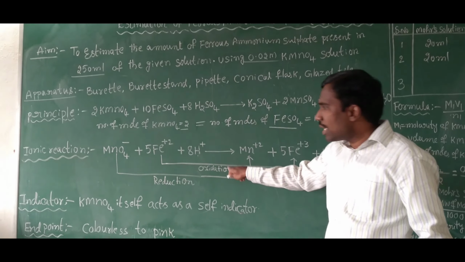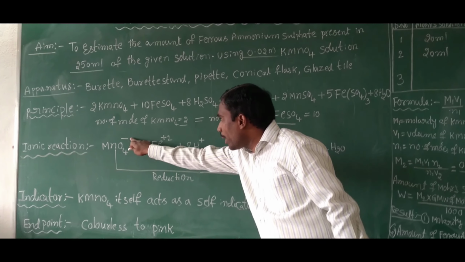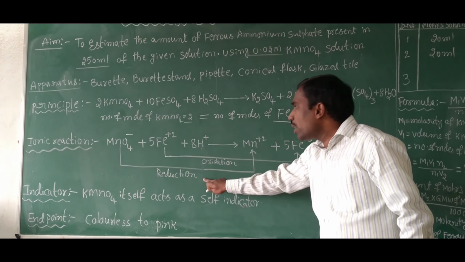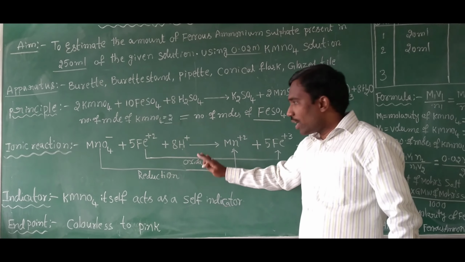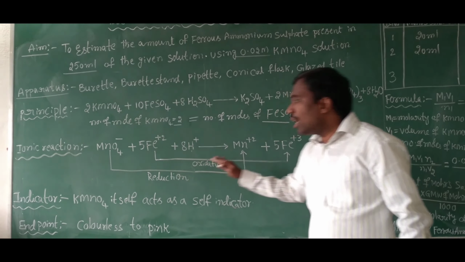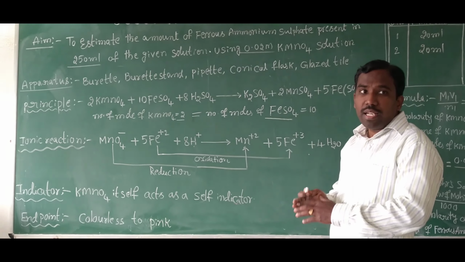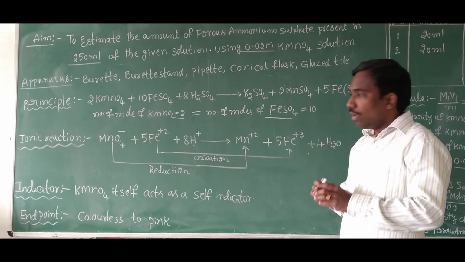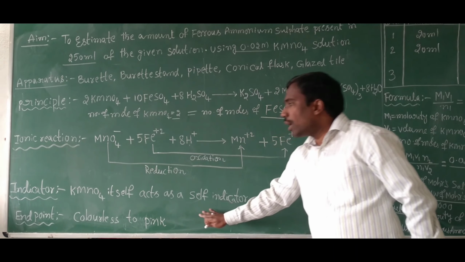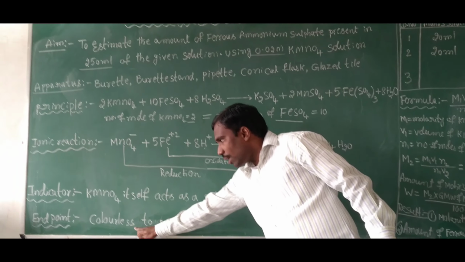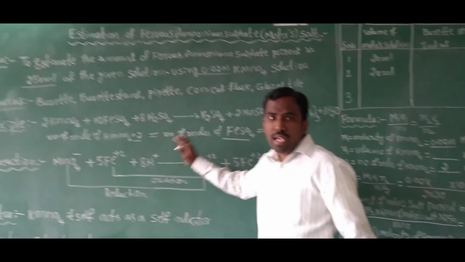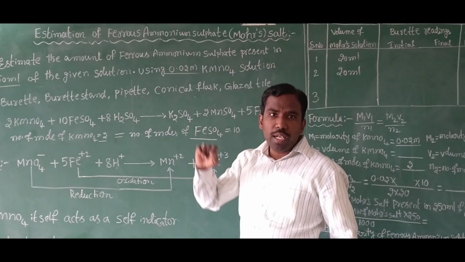In the case of MnO4 minus ion converted to Mn plus 2, the reduction reaction takes place. For this reaction, KMnO4 acts as a self-indicator because it is pink in color, and the end point is colorless solution to pink color. The initial color is colorless and the final color is pink. This is the explanation. Now we have to do the titration.